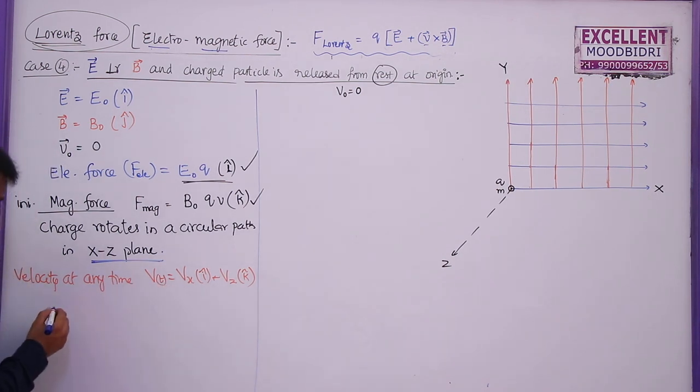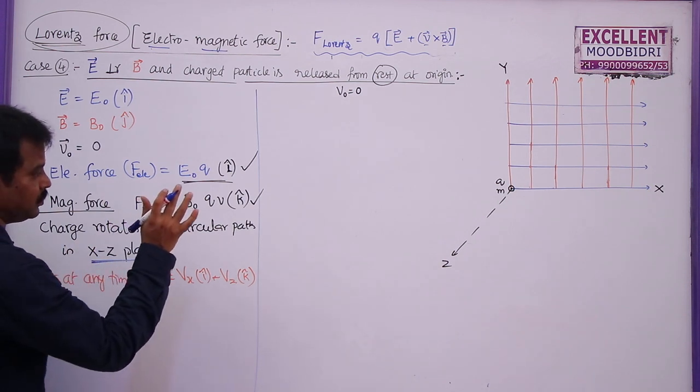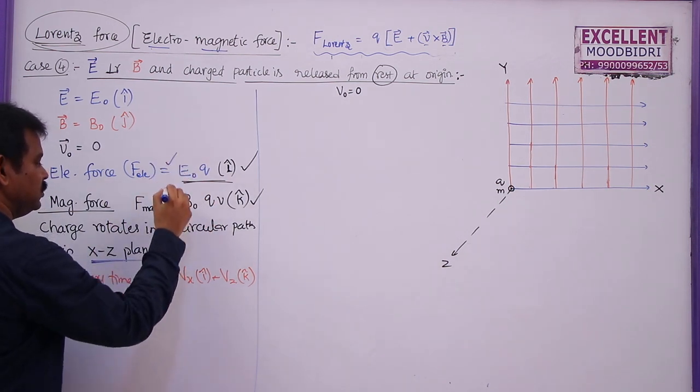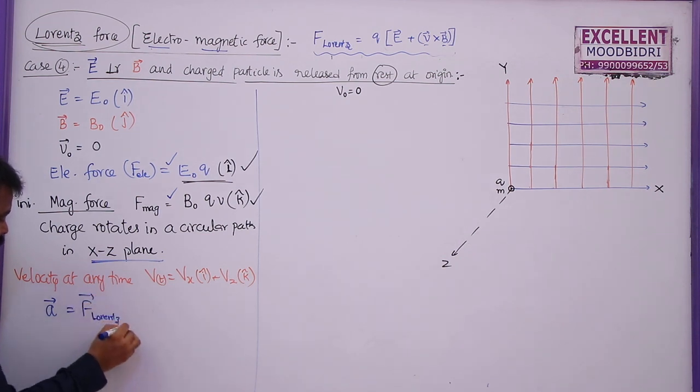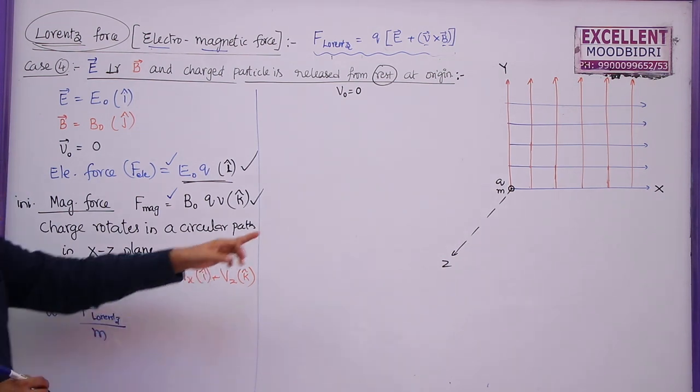Now after this, what is the force experienced by this one? Total net force, this plus this. So what is the acceleration of this charged particle? The acceleration is given by a bar is equal to net Lorentz force experienced by this charged particle divided by the mass of the charged particle, given as m.